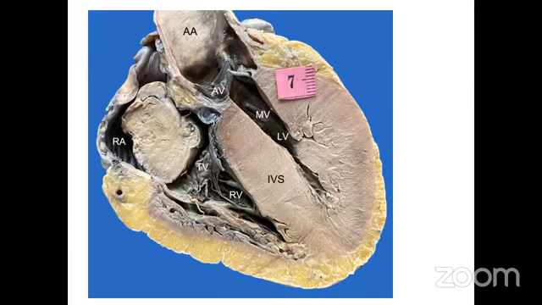Here we have a very large thrombus which is practically occupying the entire right atrial chamber. And this was coming from the inferior vena cava. And this was a patient with an adrenal cortical carcinoma arising in a 37-year-old female patient.